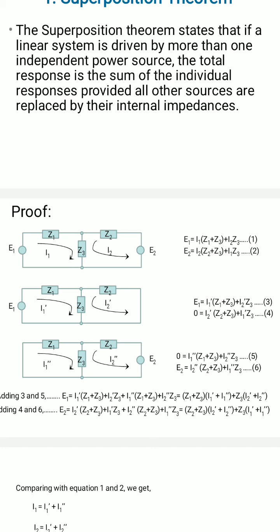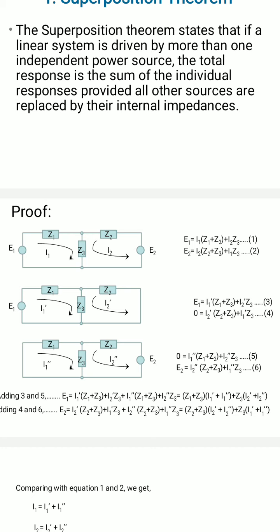Now to find the value of voltage E1, you can use the currents passing through the network. The current through Z1 is I1, the current through Z2 is I2, and through Z3 it will be I1 plus I2, isn't it?